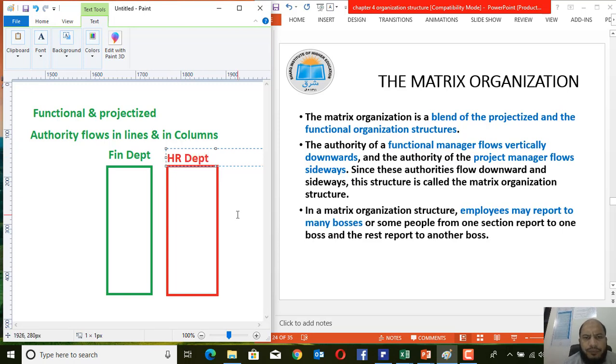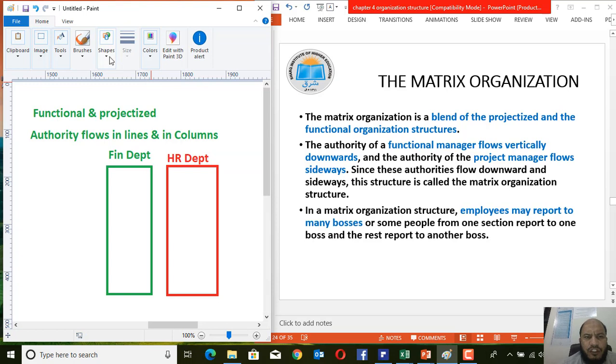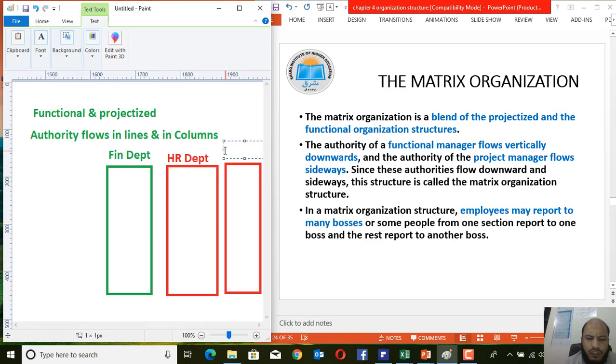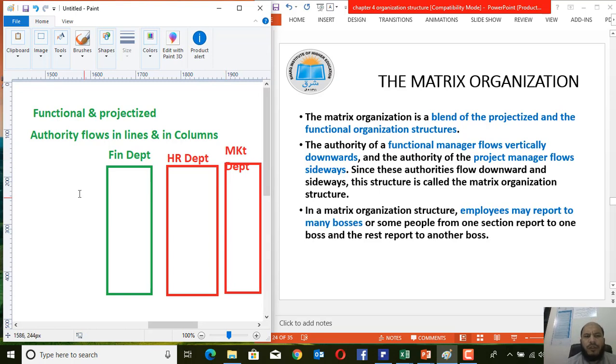It will also have another functional area, for example marketing. This is the MKT DEPT, meaning the marketing department.